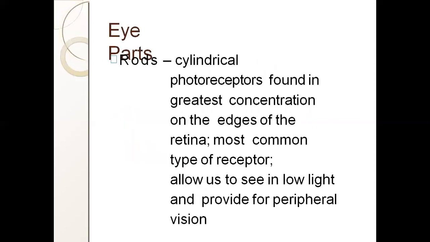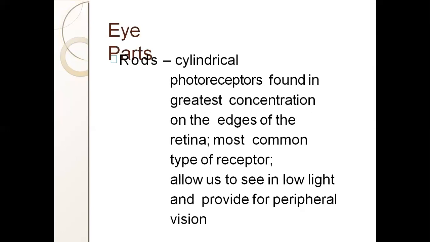Then eye parts. So rods, what is a rod? A cylindrical photoreceptor found in greatest concentration on the edges of the retina. It is the most common type of receptor. It allows us to see in low light and provides peripheral vision.